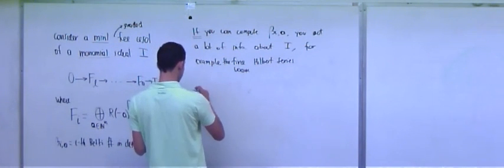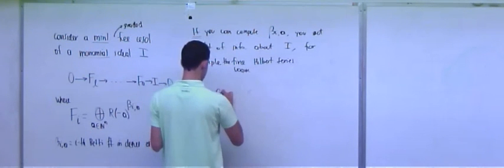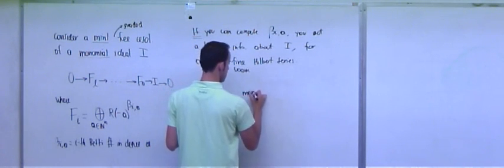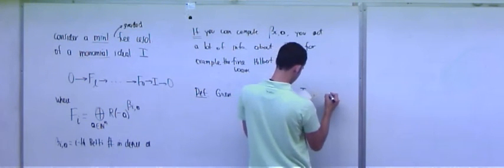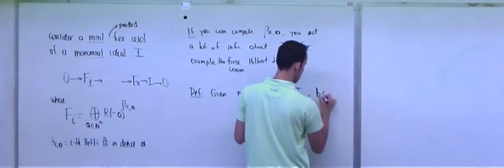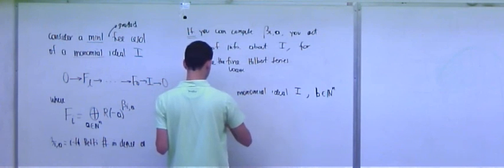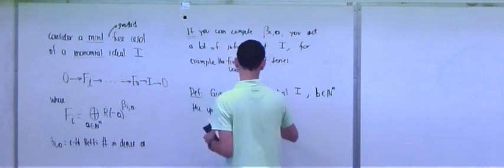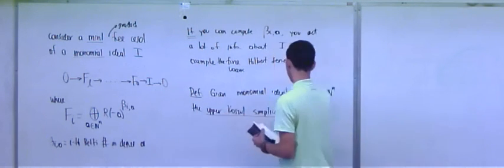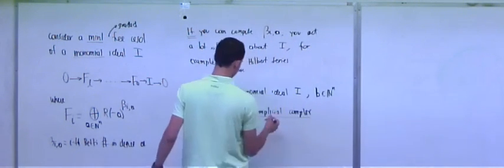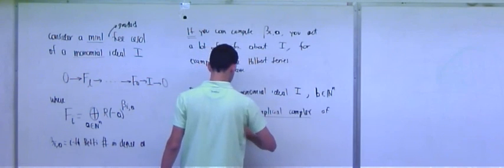Well, I need to make another definition. So definition: given a monomial ideal I, and a vector b in N^n, I'm going to define a simplicial complex, which is called the upper Koszul simplicial complex of I in degree b.